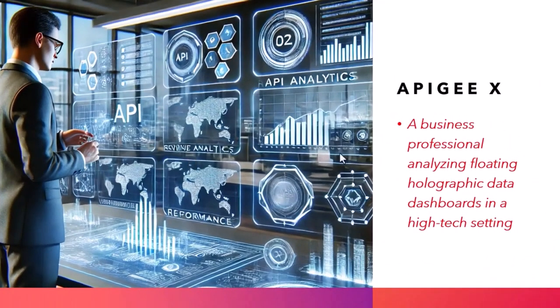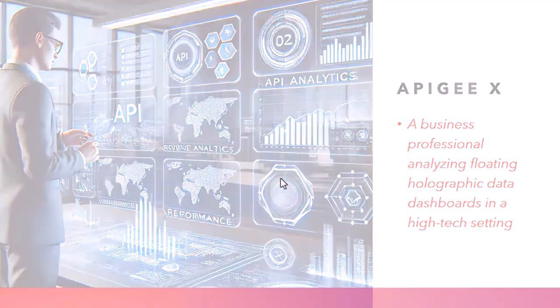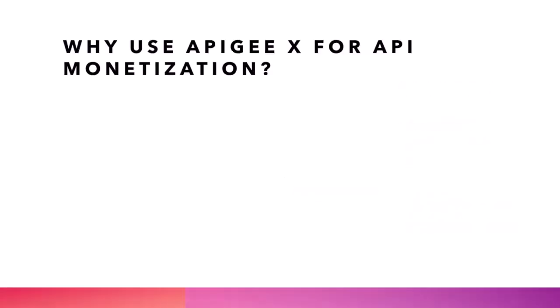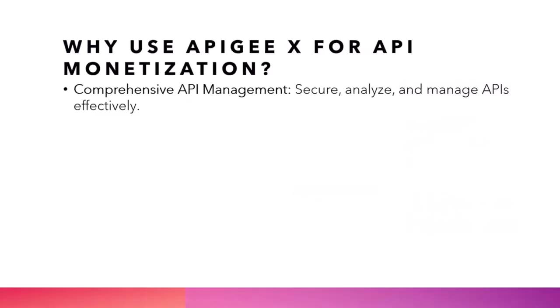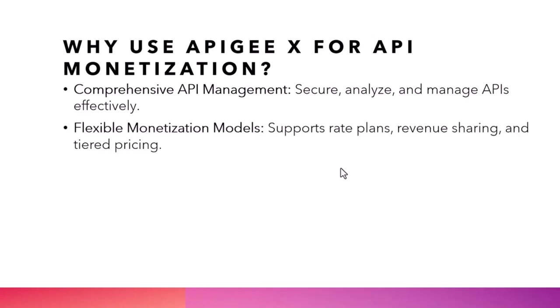So this one is showing a business professional analyzing floating holographic data dashboards in a high-tech setting. So why use Apigee X for API monetization? Because it is a comprehensive API management platform which is secure and lets you analyze and manage APIs effectively.